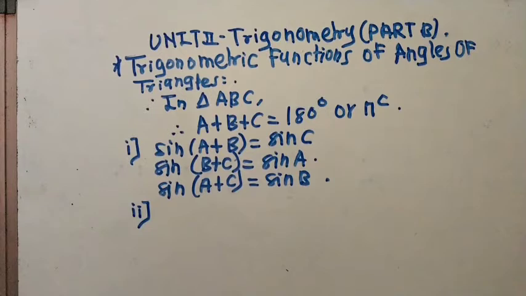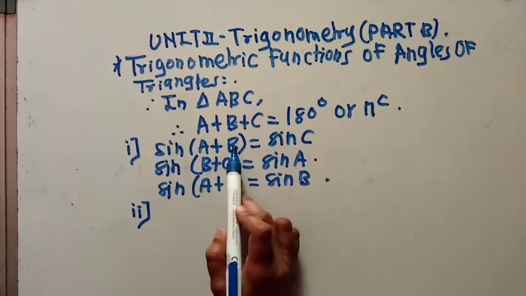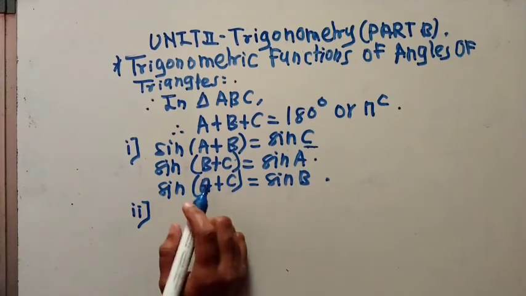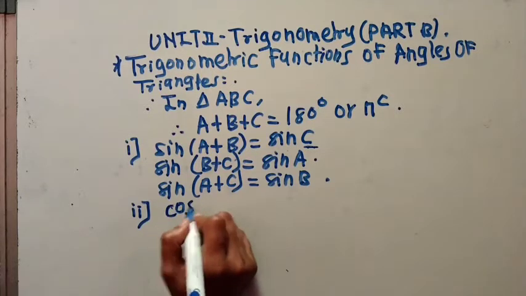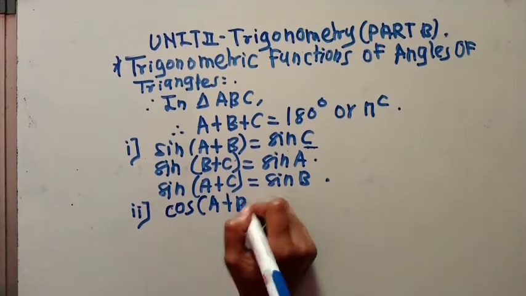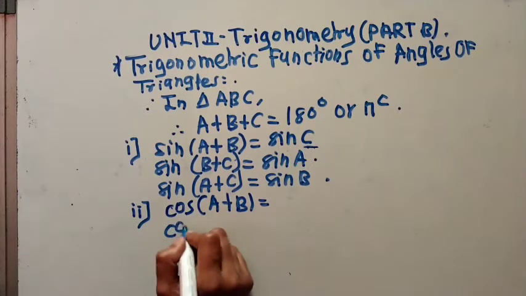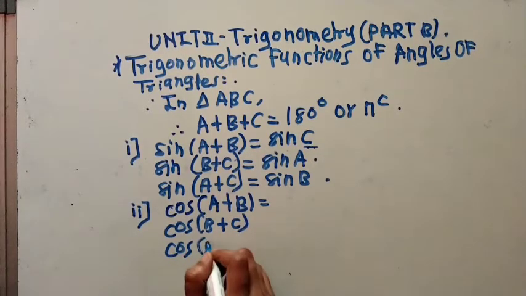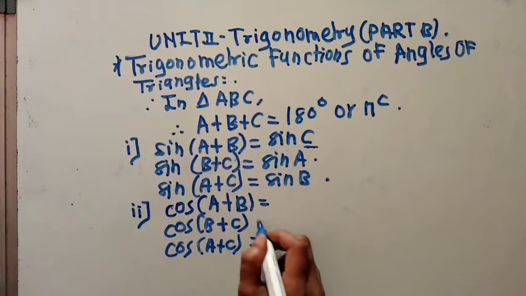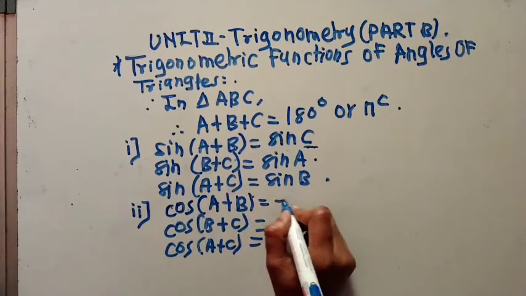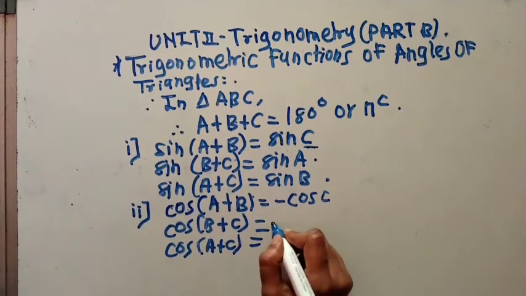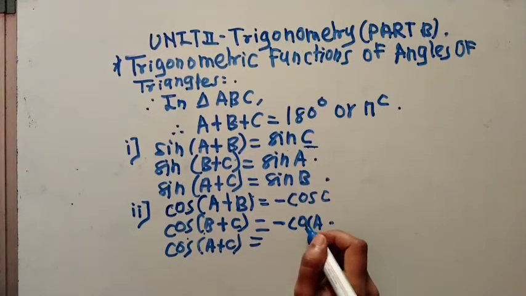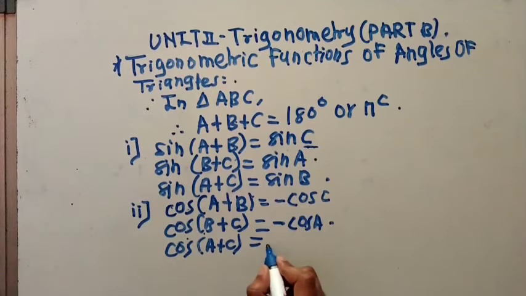Then the second formula: A plus B, then the remaining is C, so sin C. Then the second formula is cos(A+B) is equal to minus cos C. Cos(B+C) is minus cos A. In terms of cos, there is only a minus sign.